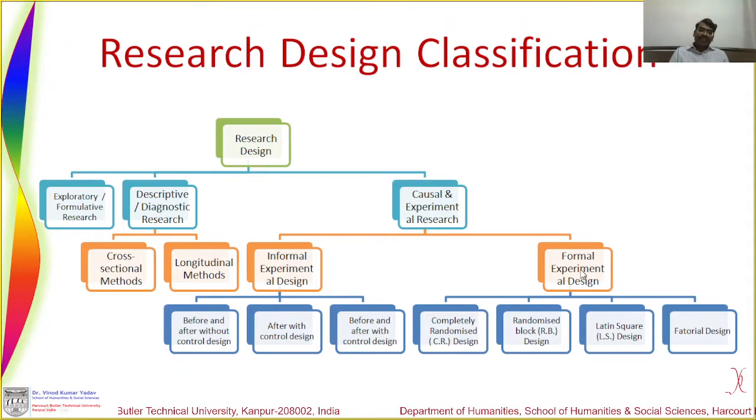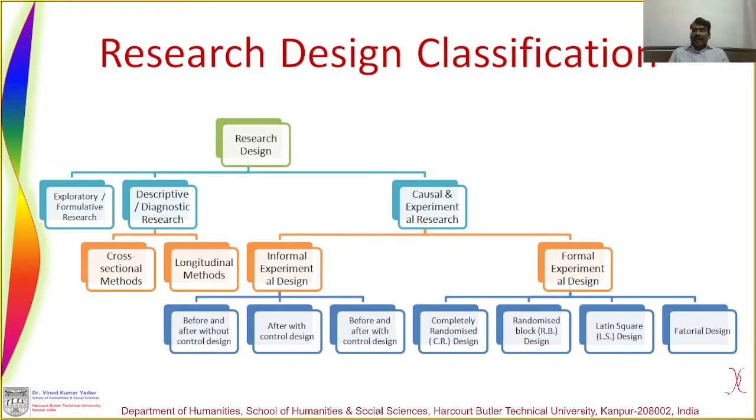And then formal experimental design, where you have a formal procedure. There are four types of methods: completely randomized design, CR design, randomized block design, then Latin square design, and then factorial design. These are four methods.